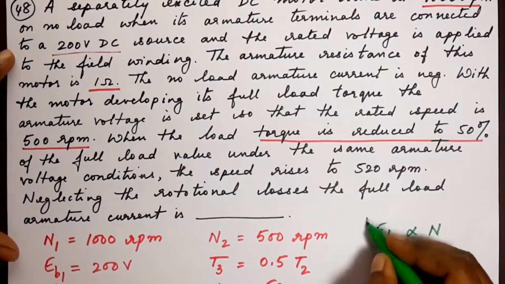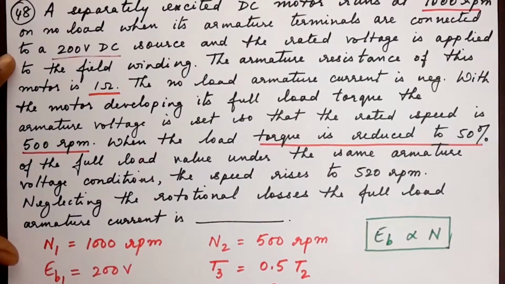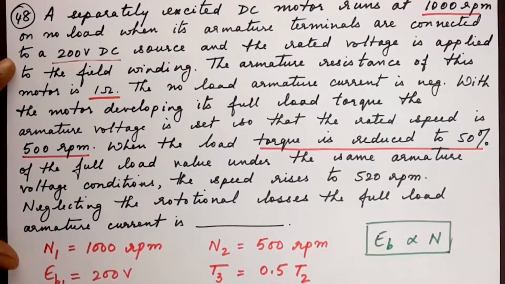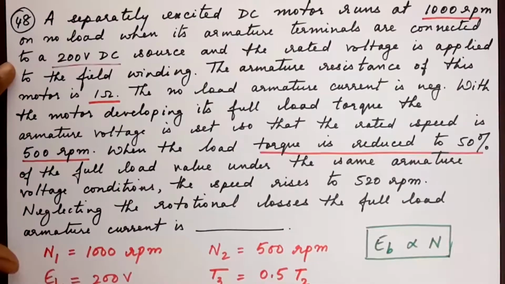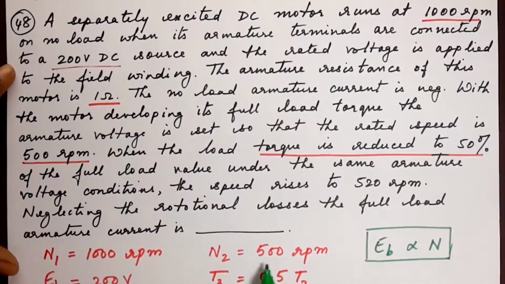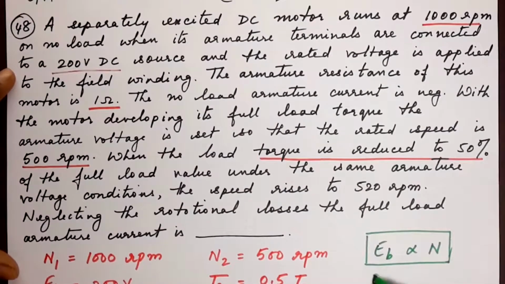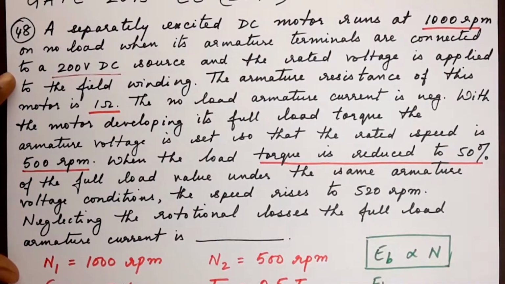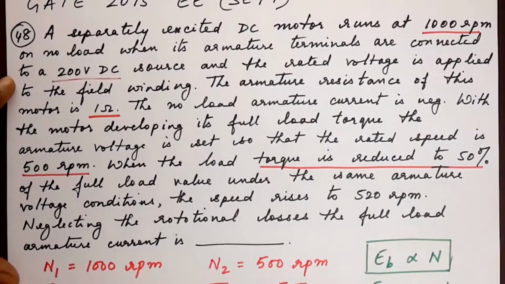So using this, we can write a ratio between EB1, EB2 and N1, N2 to find the back EMF at the speed of 500 rpm. EB1 by EB2 equals N1 by N2.